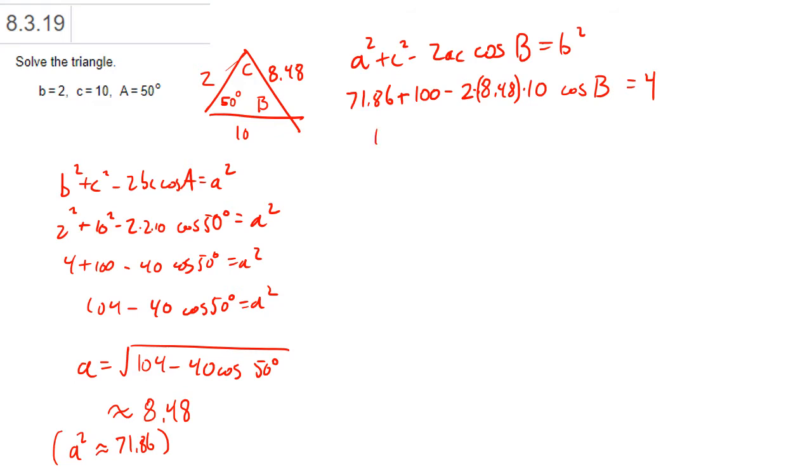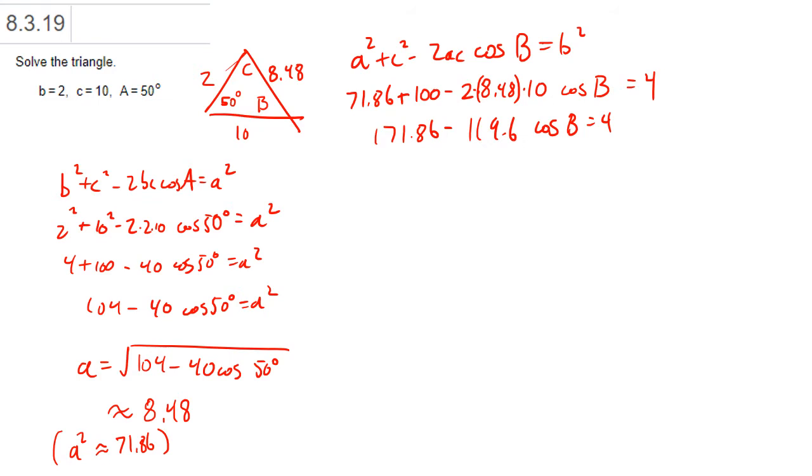Okay, so we get 171.86 minus 2 times 8.48 times 10, 169.6. Sorry about that. 169.6 times the cosine of B is equal to 4. Let me clear up that mark.